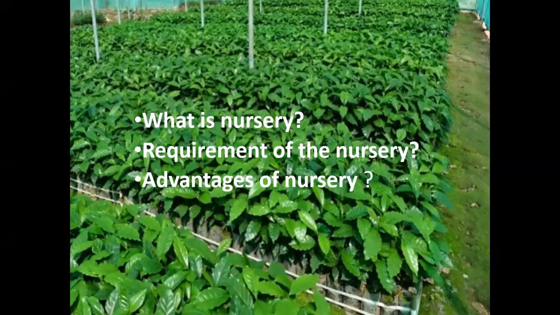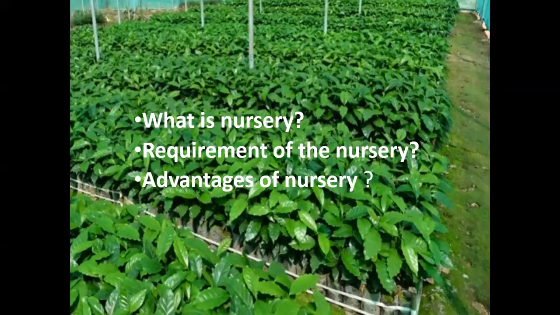And what is the requirement of the nursery? We can sow the seeds in the plant itself. So why do we want the nursery? Because any plants are propagated through seeds and by the vegetative propagation to some extent, and they will be very young and they will be sensitive to many harsh conditions.